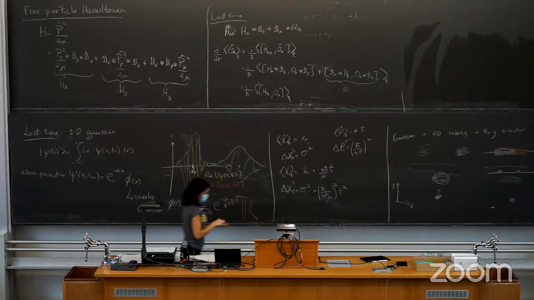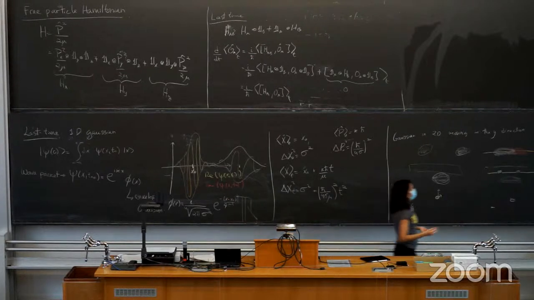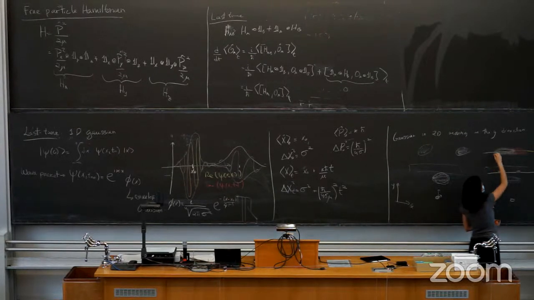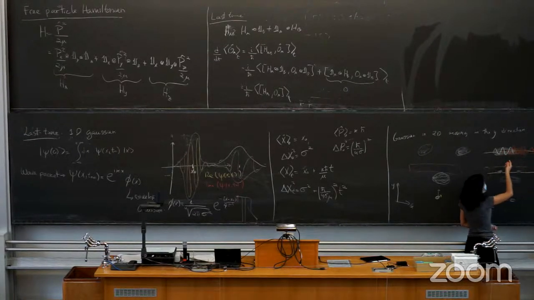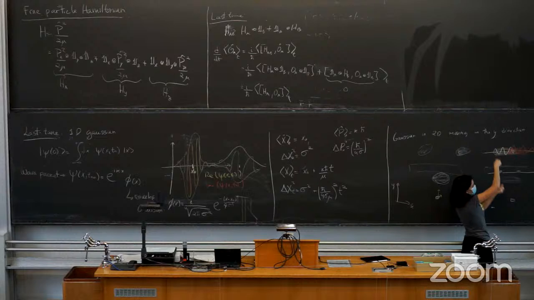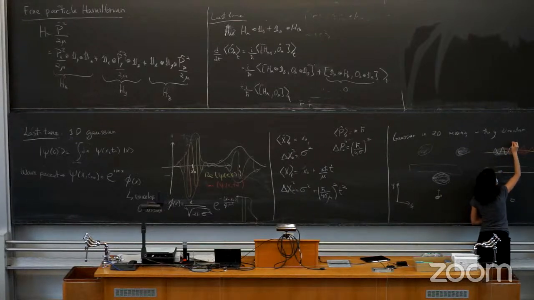And then what we see is the interference pattern, meaning that if you have this one and this one, then, for example, if this is just the real part where they have the same sign, the total wave function is going to be the sum of the two. So you get a peak.